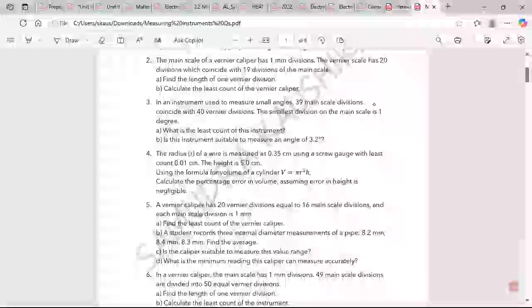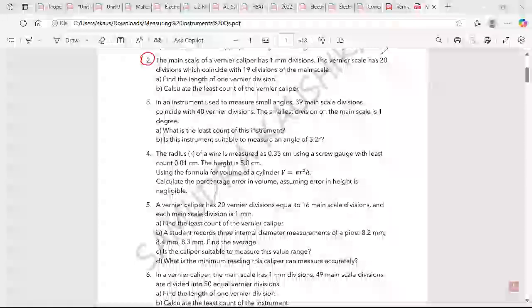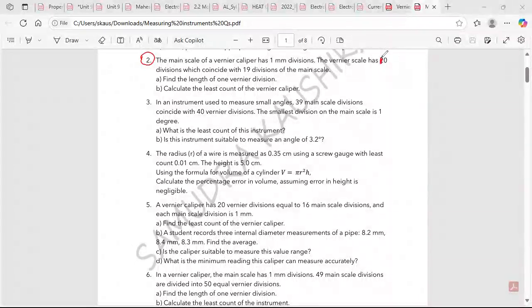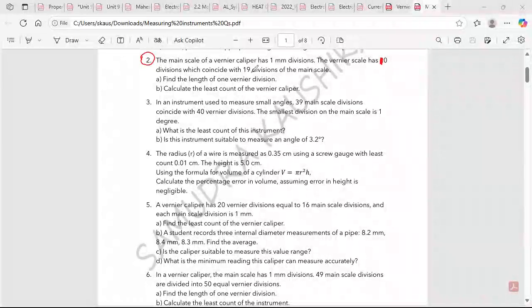So for homework, right, this same second question, take the number of Vernier scale divisions to be 10, right? For homework, take the number of Vernier scale divisions as 10 and the number of divisions on the main scale as 19.